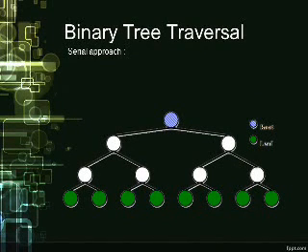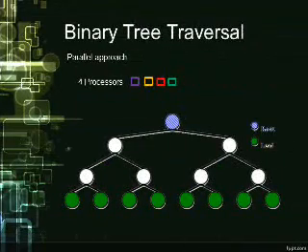The next algorithm I want to introduce to you is a very famous algorithm, binary tree traversal. Let's see how it travels in a depth-first serial approach. In a parallel approach, let's assume we have 4 processes represented by different colors in the slide.